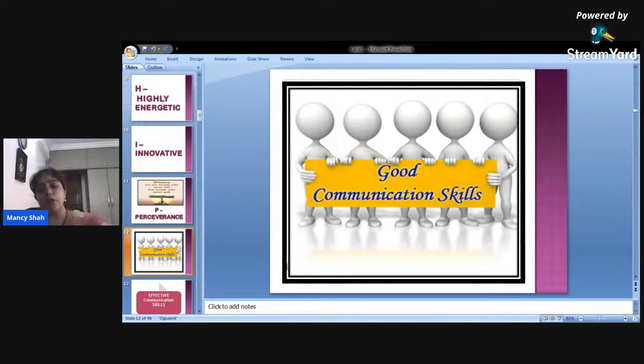See the graph, if you can see on the screen, the words have a weightage of only 7%, as in what you are speaking, the words have only 7% weightage, whereas the tone you use, the way you put it up, your body language, especially, because of this pandemic we are not able to do it face to face, but before and surely later, whenever you talk to somebody, please note your body language as well.